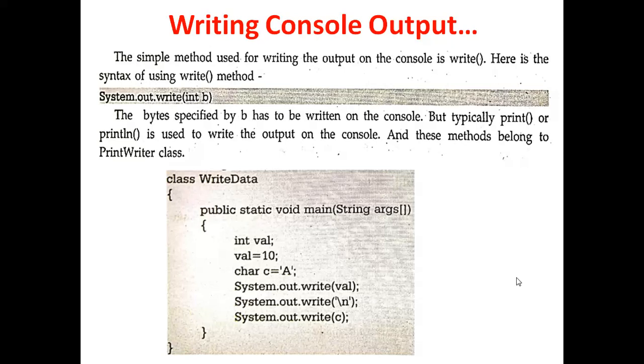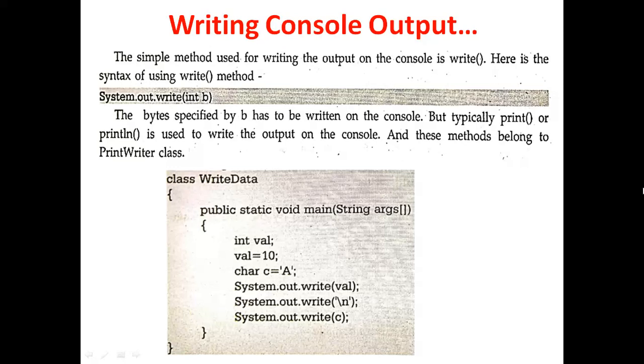Therefore, I have created one class, WriteData, in which I have written the main function. In the main function, we have declared different variables, the first one of integer type, int val. The value of val is 10. Another variable is c, which is of character type, in which I am storing the value A. Now I am printing the value on the console, so I have used System.out.write val.